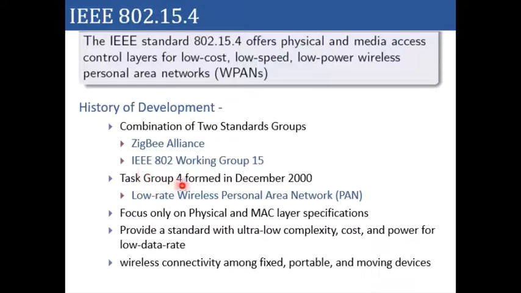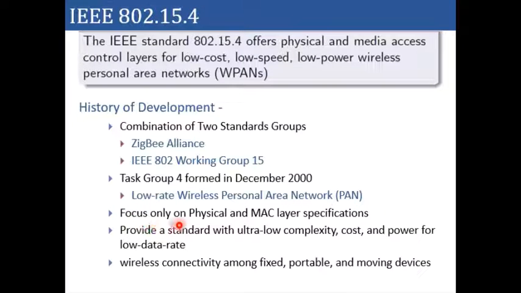Then the Task Group 4 as a subgroup formed in 802 Working Group 15, which was formed in December 2000, was given the task to develop the protocol for low rate wireless personal area network, which we commonly know as WPAN. So PAN is for personal area network and wireless personal area network will be called as WPAN.